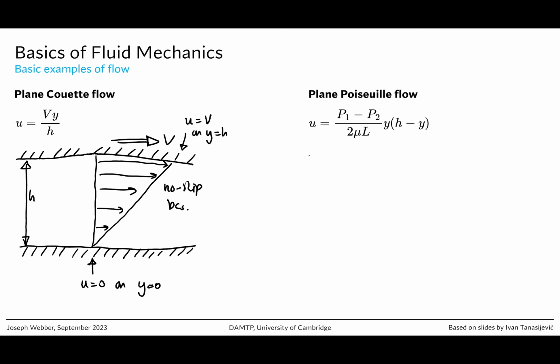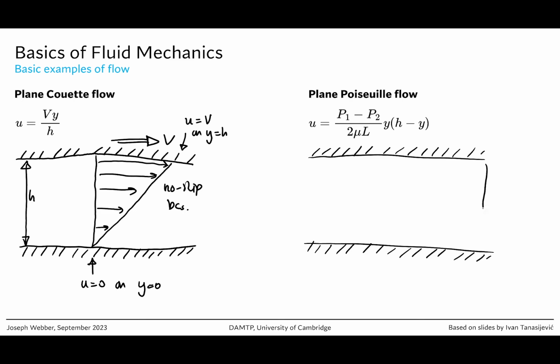This is just one of the simplest viscous fluid flows that we can deal with. Poiseuille flow is driven by gradients in pressure. So again, we've got a channel with two walls. In this case, both of these walls are stationary, but they're separated by a fixed distance h.